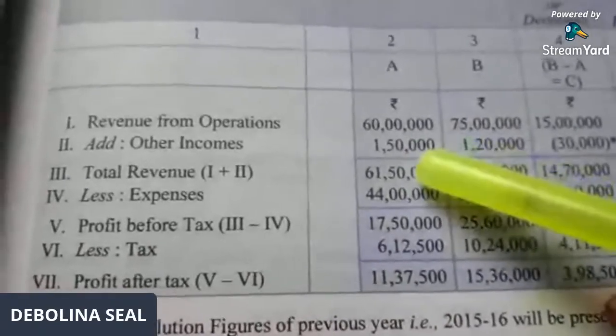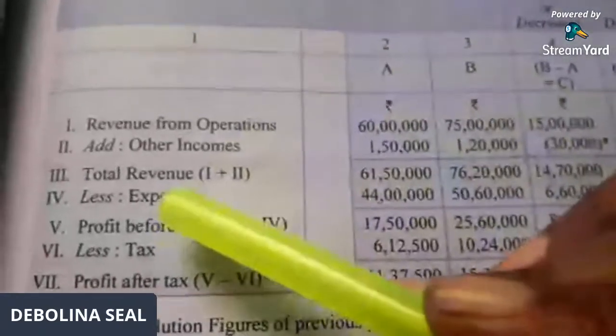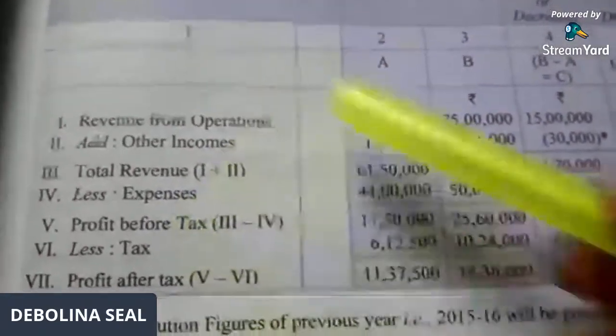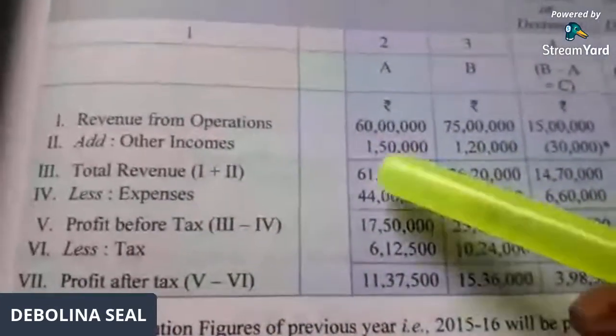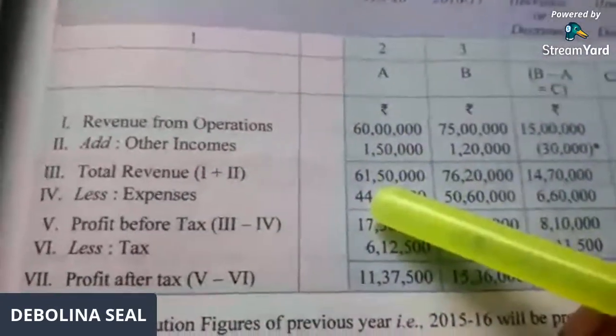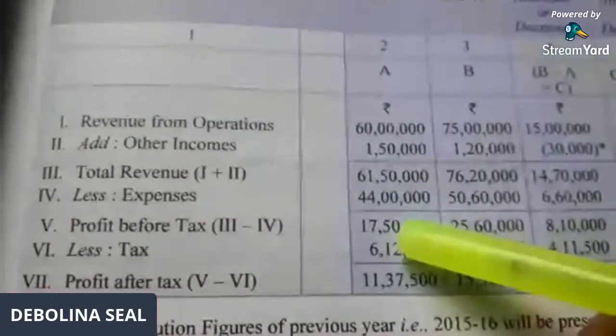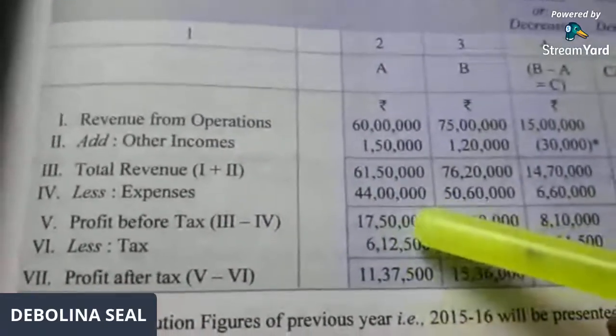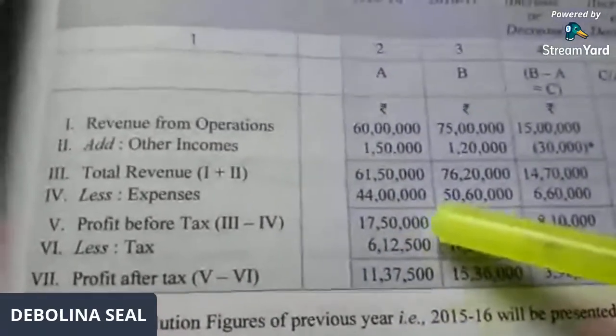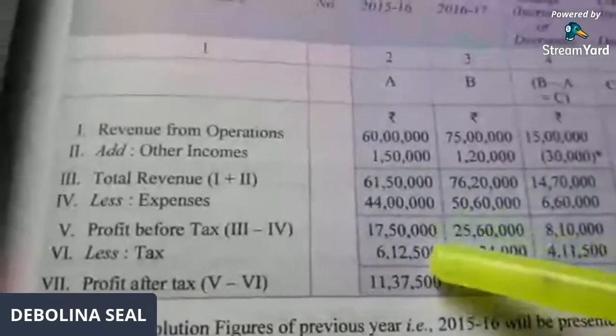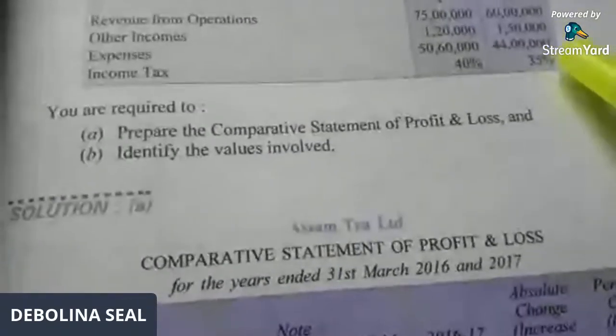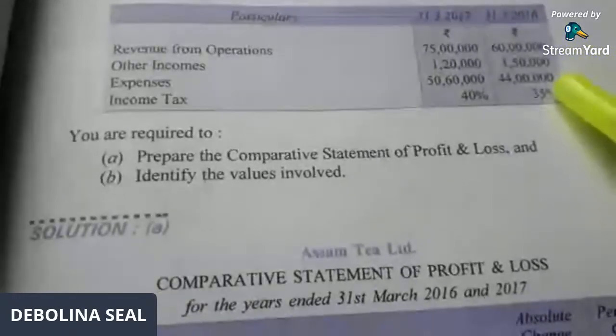Next, what you are going to do? Subtract the expenses, so that is 44 lakhs. When you deduct 44 lakhs, it comes to 17 lakhs 50,000. Done. Now from here, what you are going to deduct? Tax. How much was the percentage of tax given? The percentage of tax was given in the previous year, 35%.